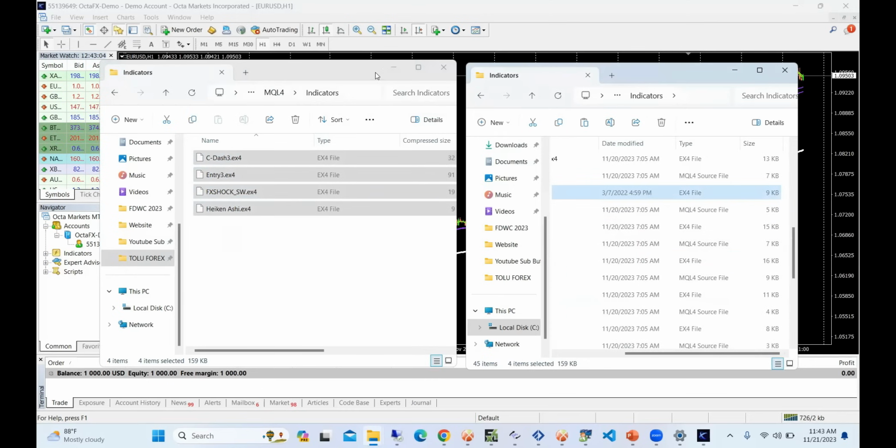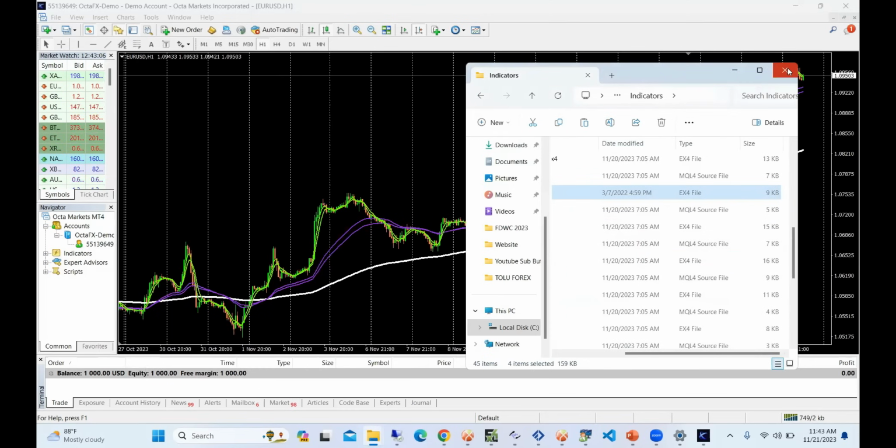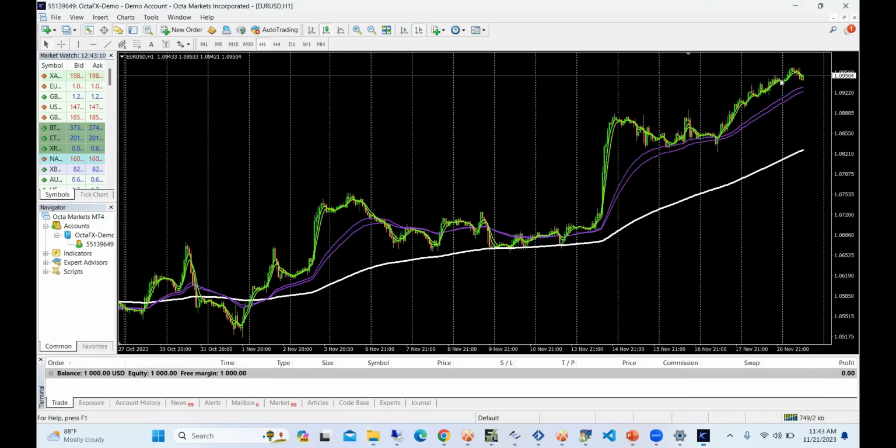So after copying, you can close this system folder window, right? I've just closed it. So after closing, what you need to do is either you refresh, just come to account here, right click, no, sorry, come to expert, right click, and then you hit on refresh.